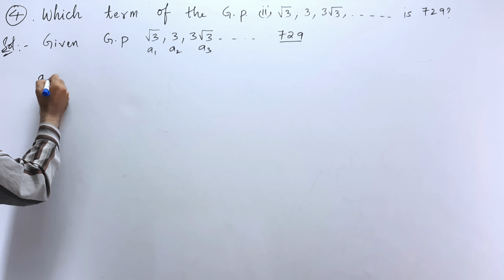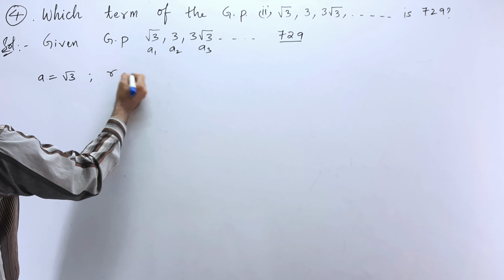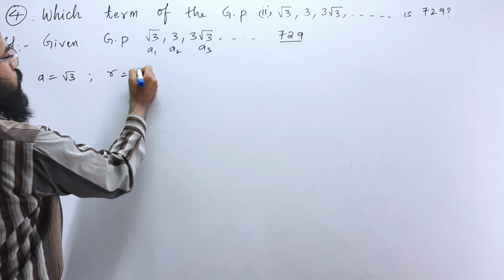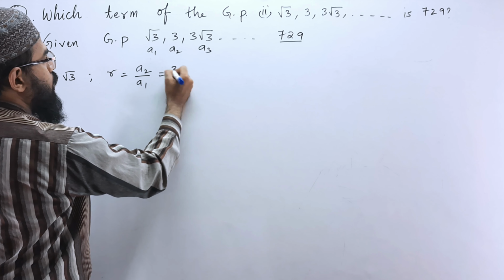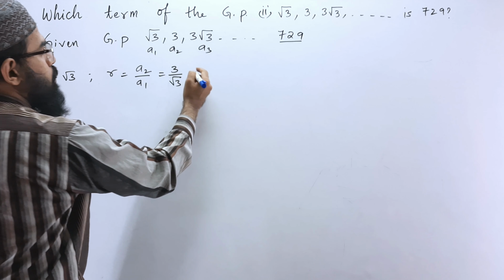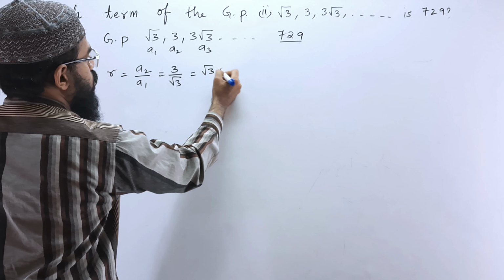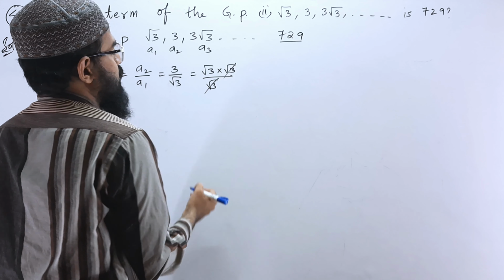Now let us write the first term. A is equal to root 3. R is the common ratio. So A2 by A1 is equal to 3 by root 3. So 3 can be written as root 3 into root 3, divided by root 3. Root 3, root 3 cancel. Why?